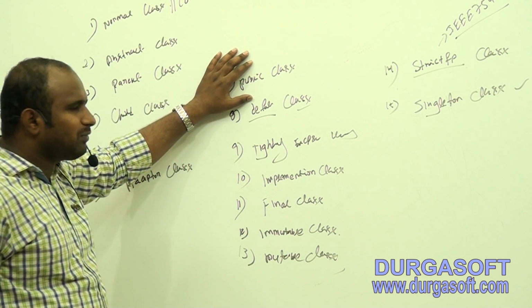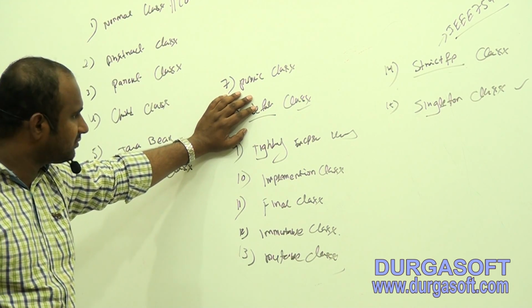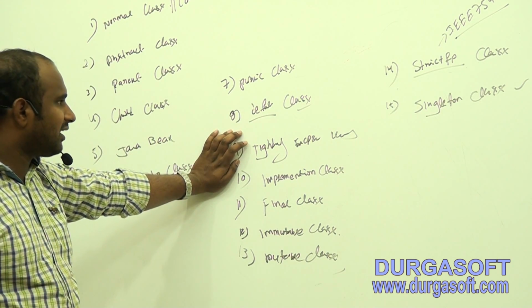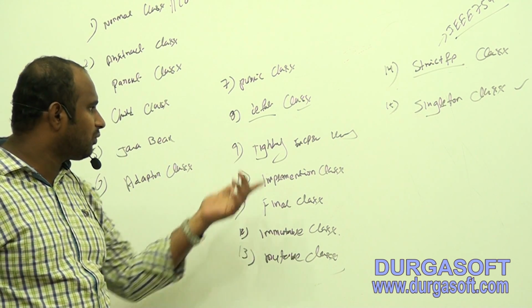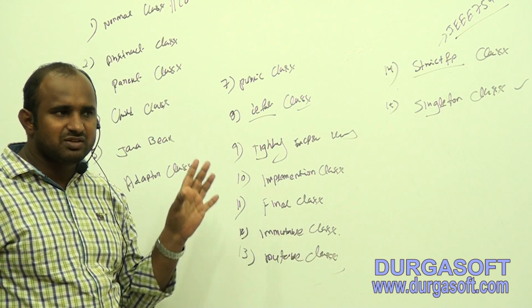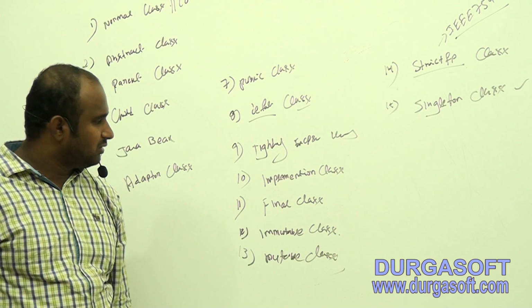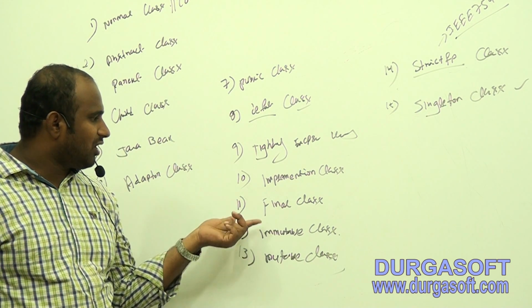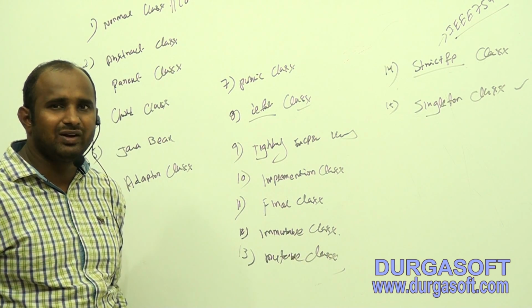Public class, any package can access. Default class, only within the package can access. Tightly encapsulated class, the class contains private properties. That is called what? Tightly encapsulated class. Implementation class, the class which implements a particular interface, is called an implementation class. Final class, we cannot extend final classes. It is preventing inheritance.